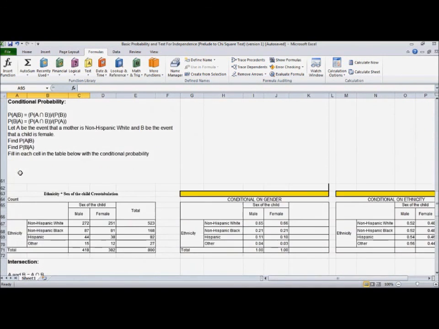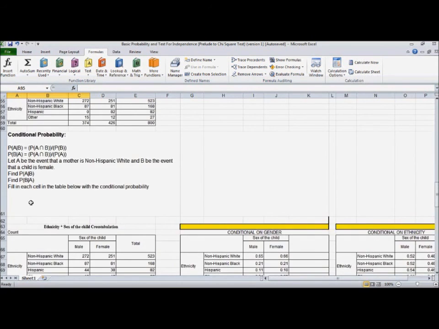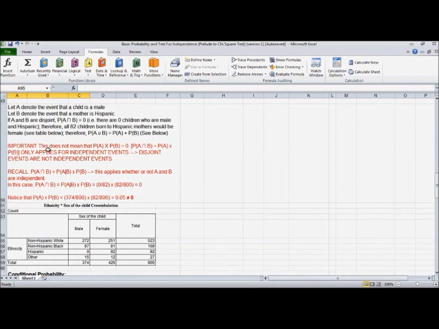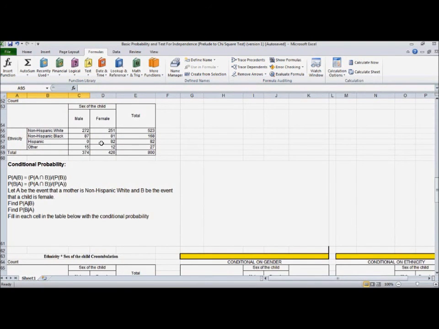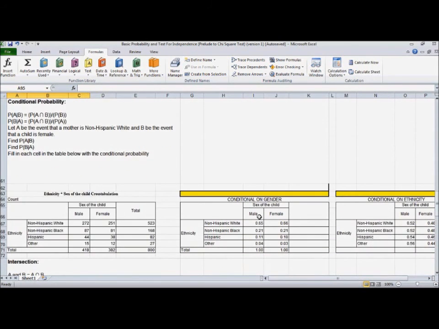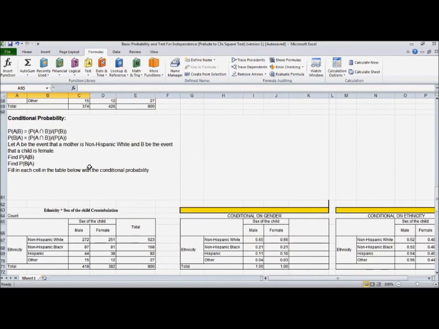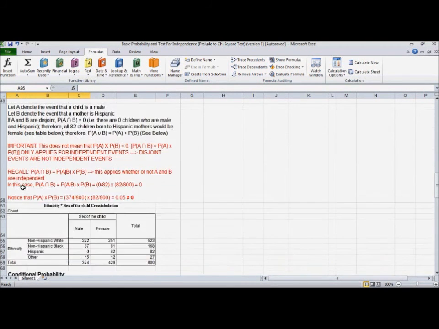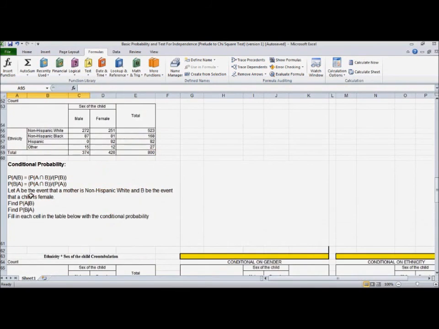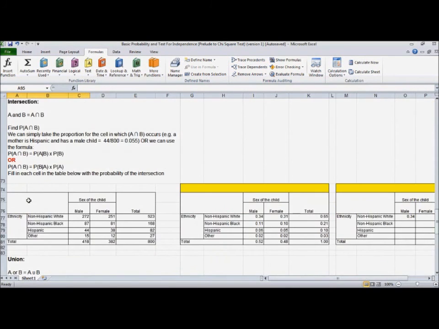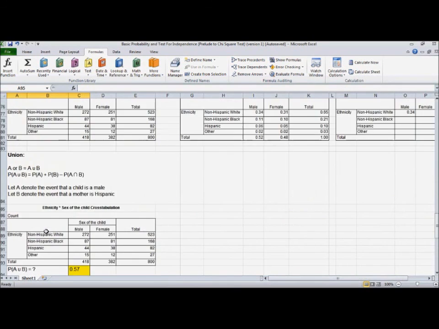So it makes things a little easier when you have those tables in front of you, but you'll always get counts, so you can either create your own table, but I doubt you'll have to do that on an exam. But with those counts, you should be able to create all these tables of probabilities. And with those tables of probabilities, you would be able to calculate all of these formulas. And notice that these formulas are simply us rearranging the same formula and using those same probabilities in each case.